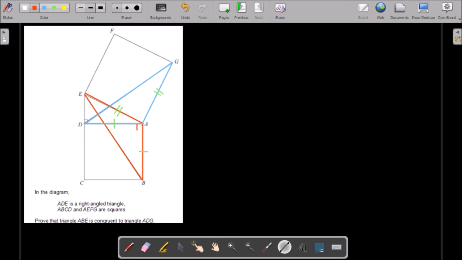Now here's an interesting thing. We know all the angles in a square are 90 degrees, so that has to be 90. So does that.